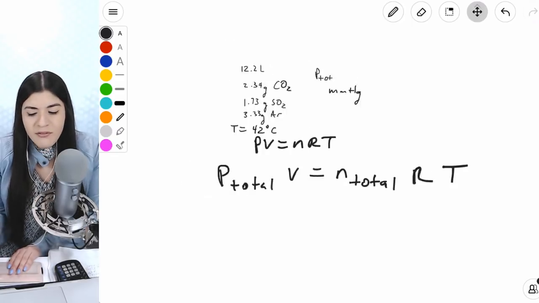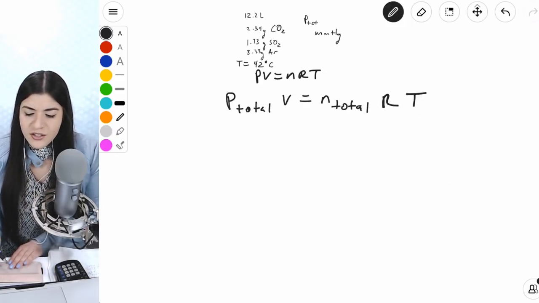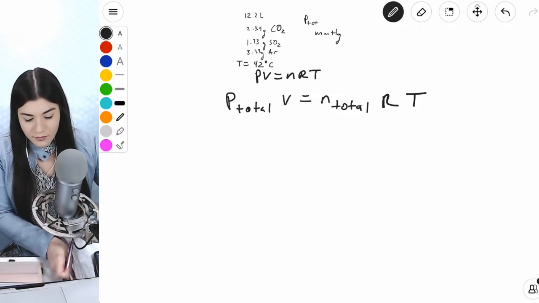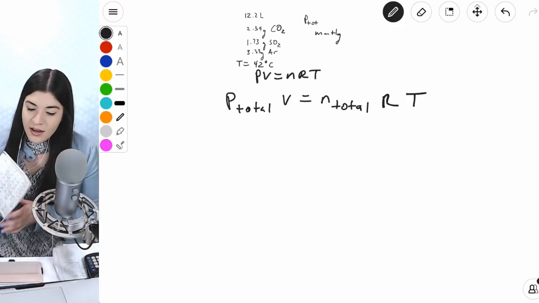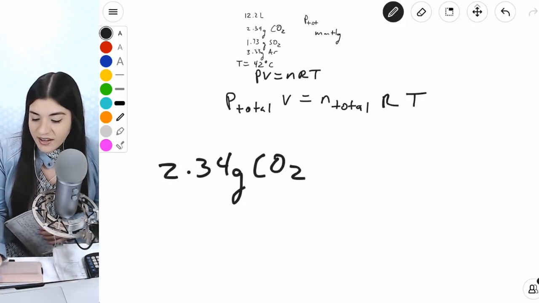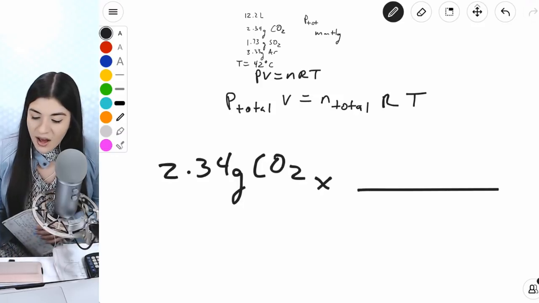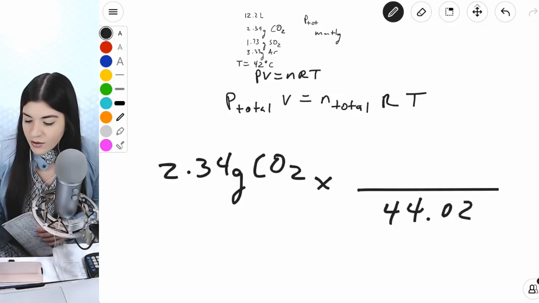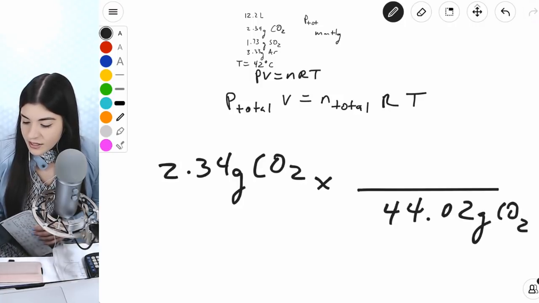So let's go ahead and convert everything. What I'm going to do first is just figure out how many moles we have of everything. Let me grab my periodic table. All right, so let's start off with 2.34 grams of carbon dioxide. We'll use the molar mass of carbon dioxide, and it's roughly 44.02 grams of CO2.